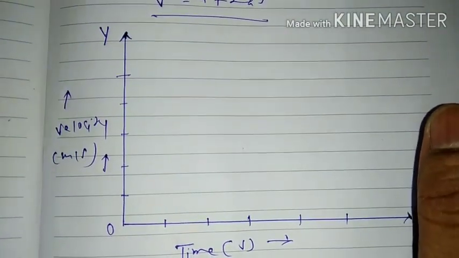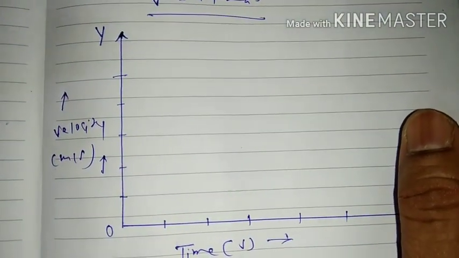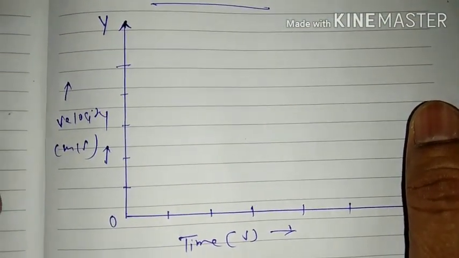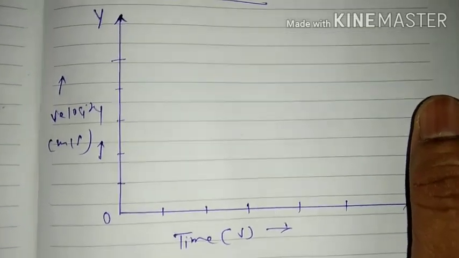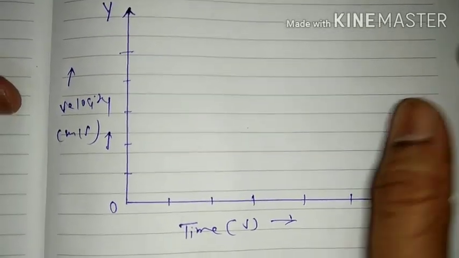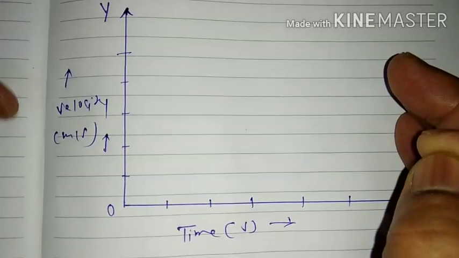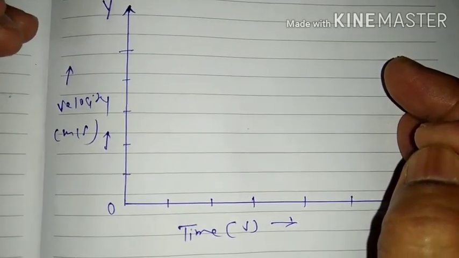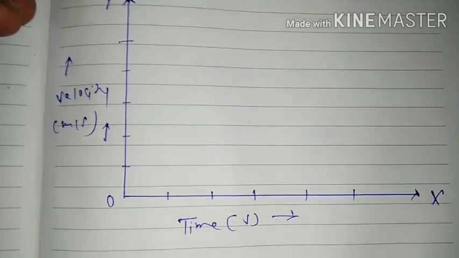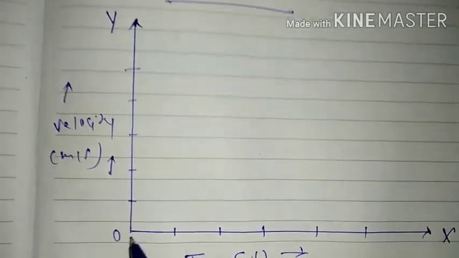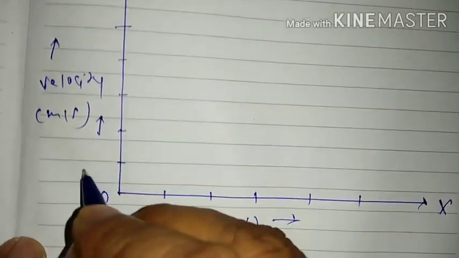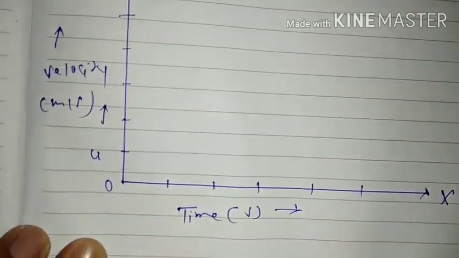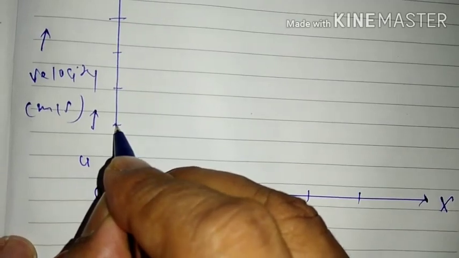Once again, according to the previous situation, suppose any object starts to move with initial velocity u and in time t under uniform acceleration a, its final velocity becomes v. So when time is 0, the object is moving with initial uniform velocity u.